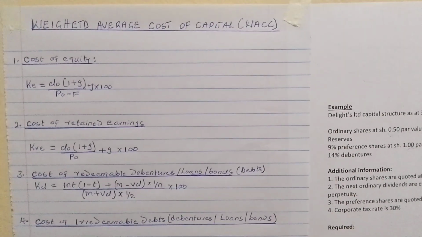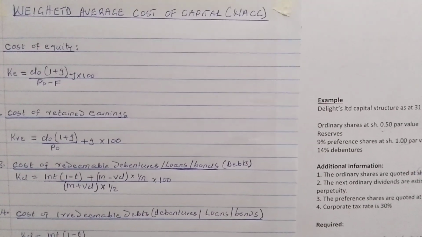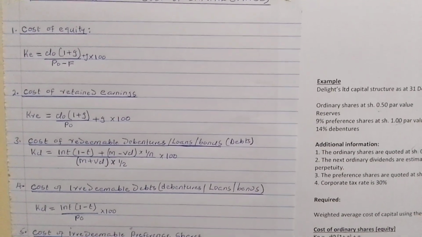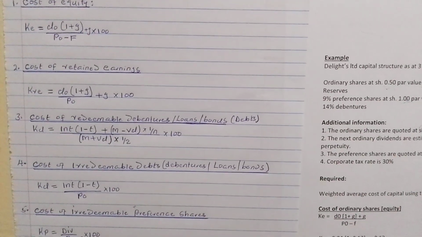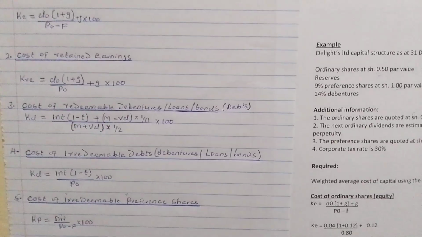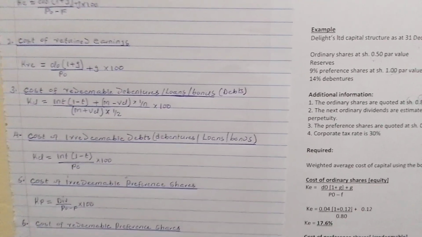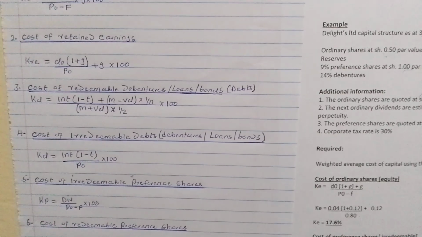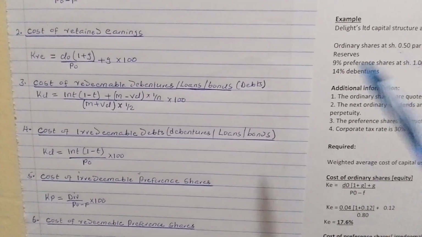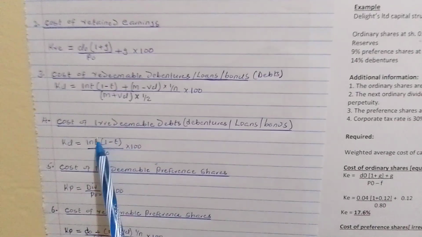So understand how to calculate cost of each capital element, that is cost of equity. Cost of retained earnings is not necessary. Cost of debt, you have said debts can either be redeemable or irredeemable. This is a formula for redeemable preference shares.